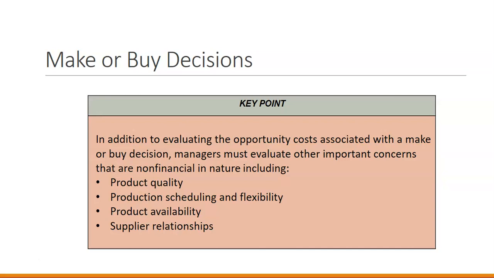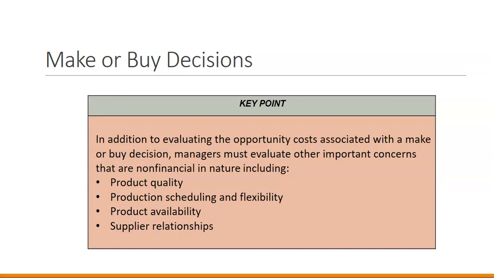We also don't know if we can control the availability of it. We're making it in-house, so we know when it's available to us. If we decide to buy it, can they always supply it to us exactly when we need it? Or are we going to start to have problems with production because we can't get it to us?